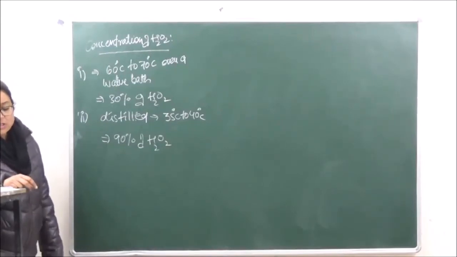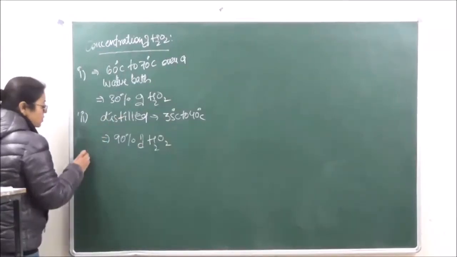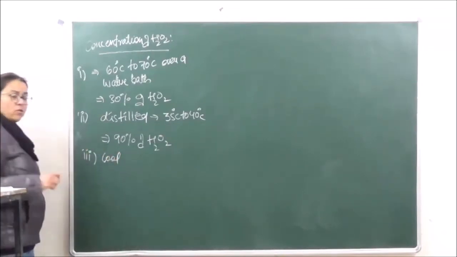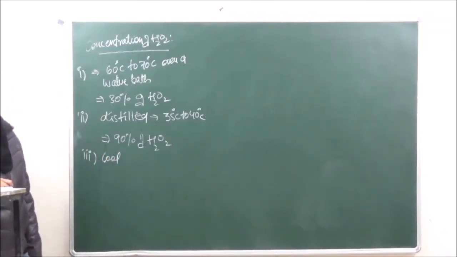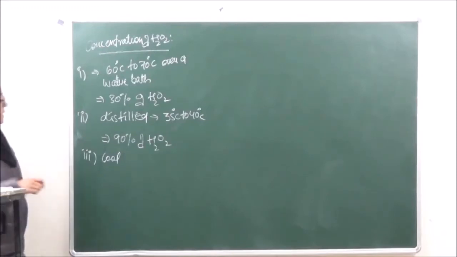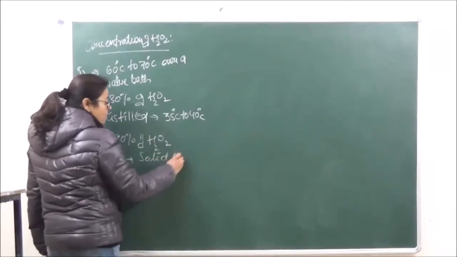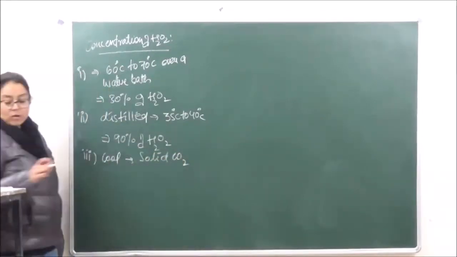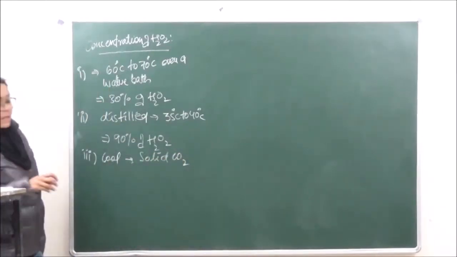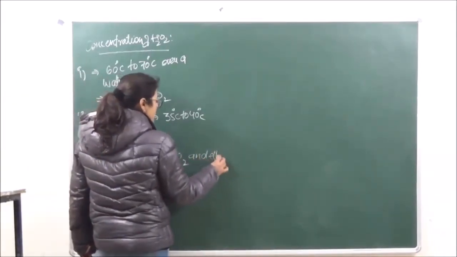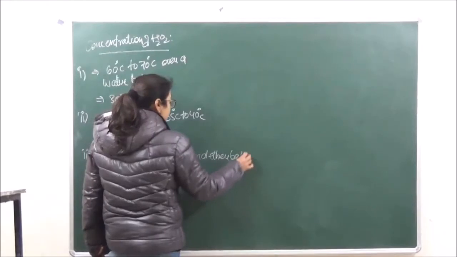Now if we want to still further concentrate it, we are going to cool the above mixture, right? This cooling is done with the help of dry ice or solid carbon dioxide and ether bath. Right?